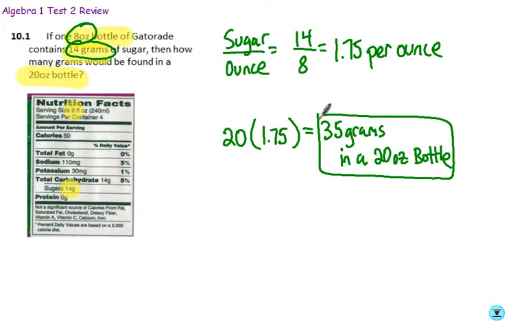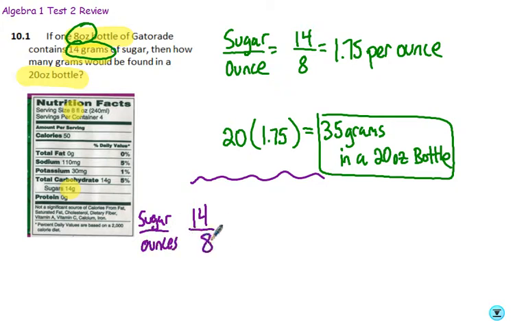Another way that you could solve that would be a proportion. So let me show you a second way. Not that you'd have to do it both ways, but I just want to show you there's two ways that you could think about it. It's taking the same fraction that we came up with. There's 14 grams of sugar and 8 ounces, and then the question is how many grams, well, we don't know, so let's call that x, would be in a 20-ounce bottle.